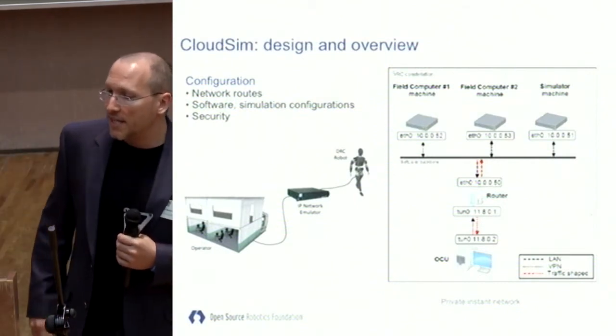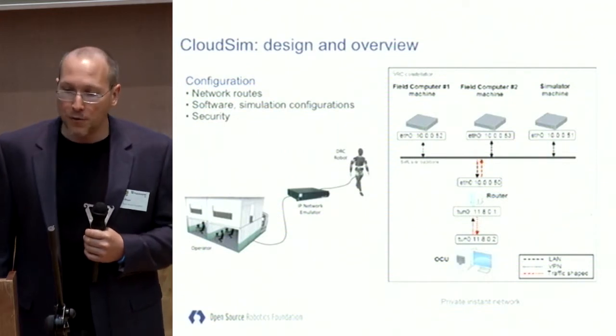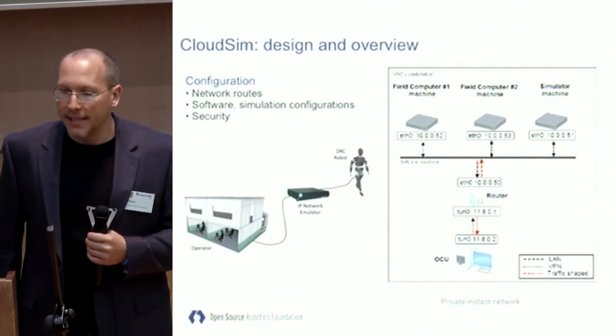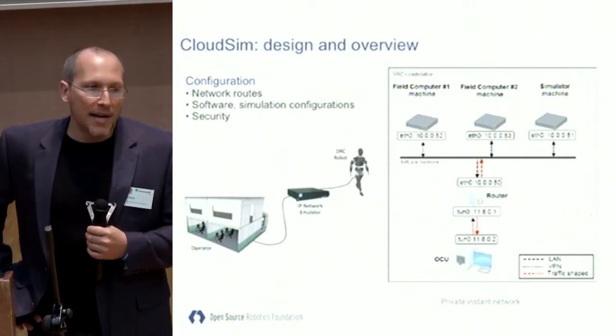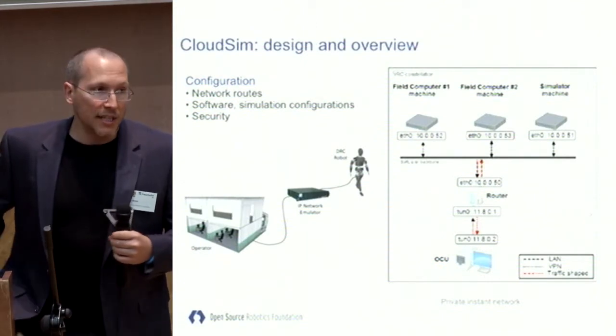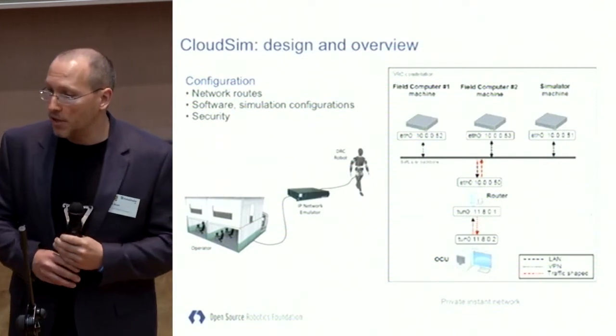So the contest itself will probably involve operators running in a building close to the site with a tether, and the bandwidth is going to be artificially controlled through a black box.